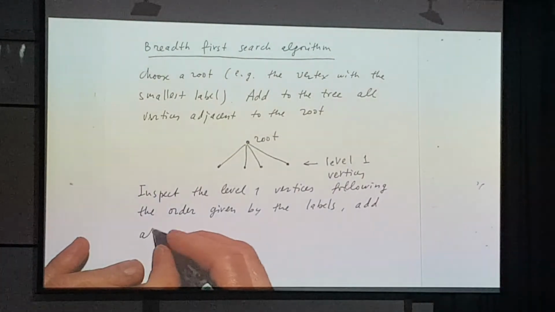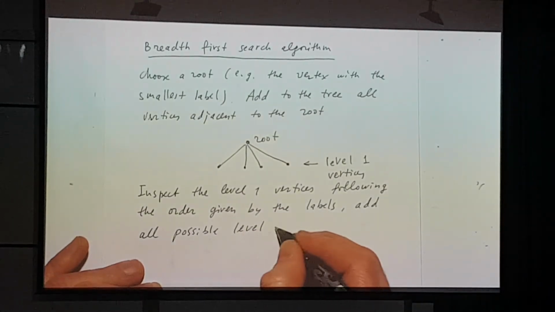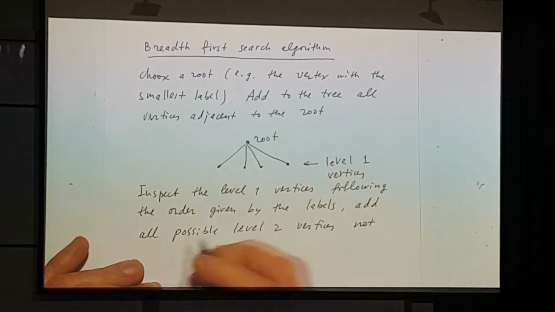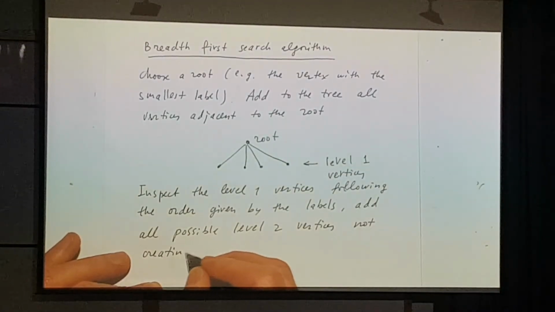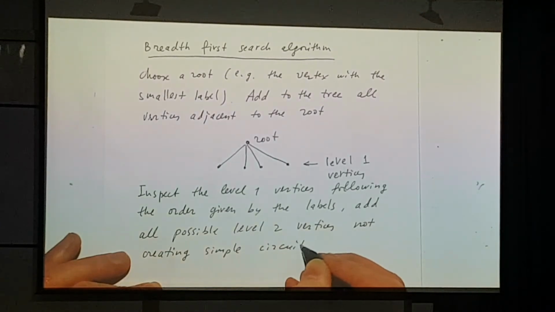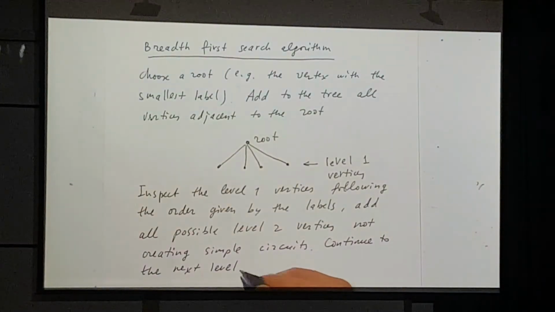Add all possible level 2 vertices, not creating simple circuits. Continue to the next level. Stop when all vertices are in the tree.